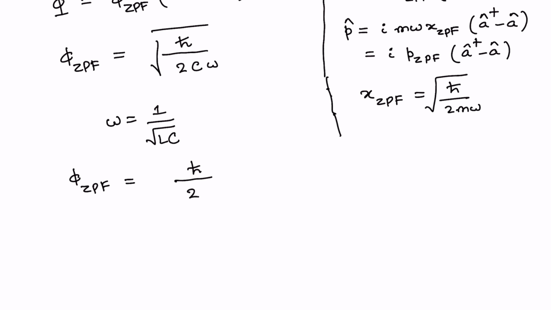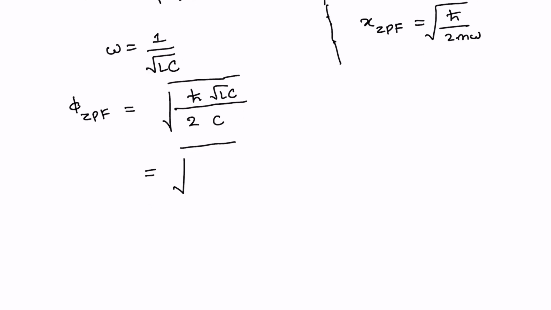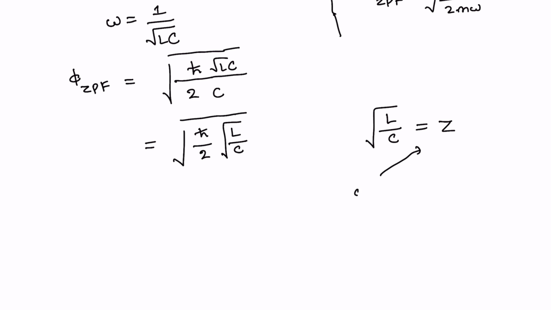If I put omega here, I would have root over LC divided by C. This I can write as under root h cross by 2 into L divided by C under root, and this quantity, square root of L by C, is the so-called characteristic impedance Z. Z is the characteristic impedance of the LC circuit, and it's a very important parameter.